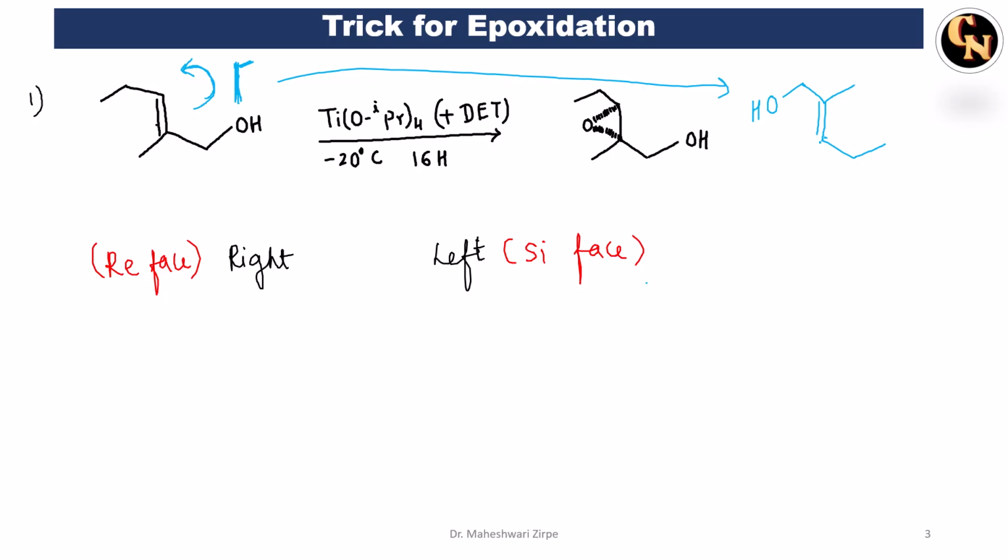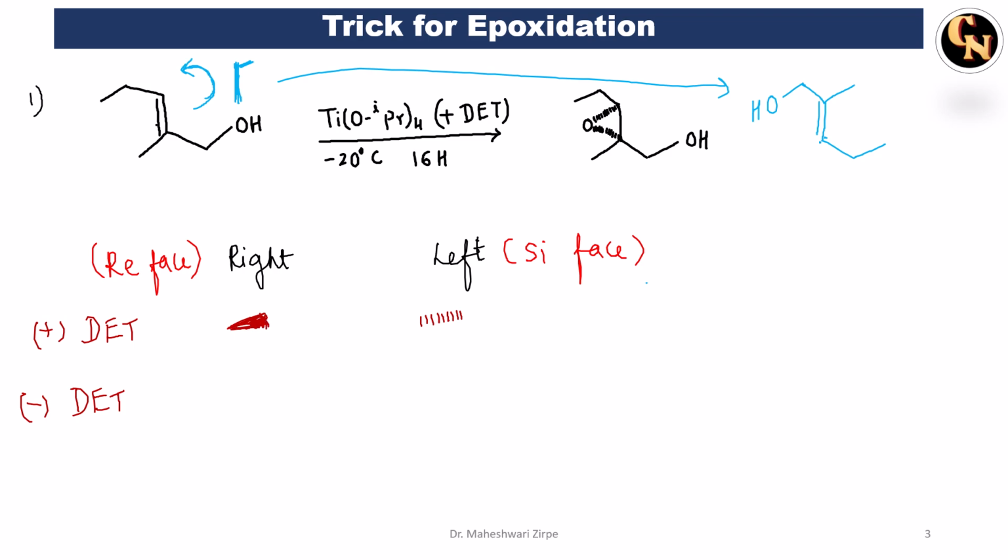Okay, so let me show this. What is happening? Plus DET and minus DET. Plus DET is going to give you wedge, and minus DET is going to give you dash.